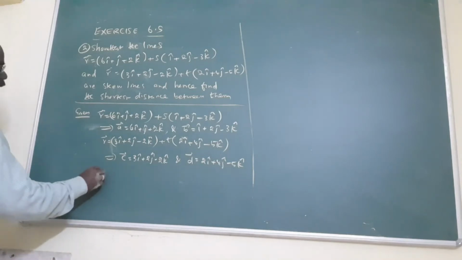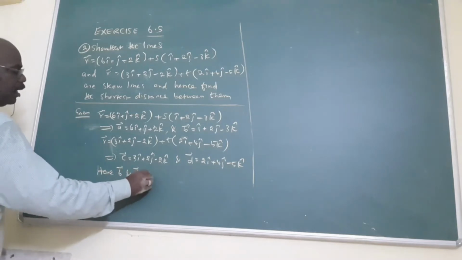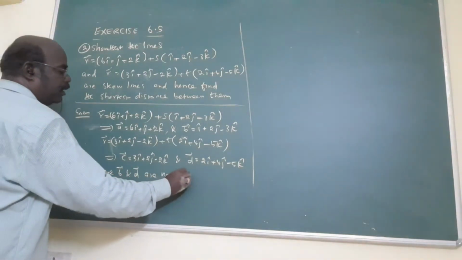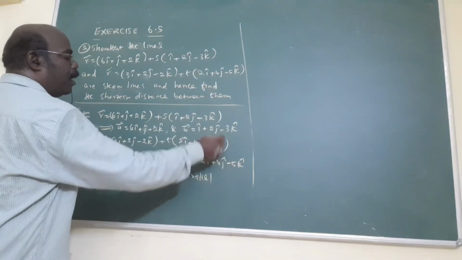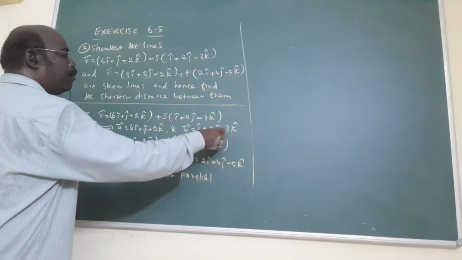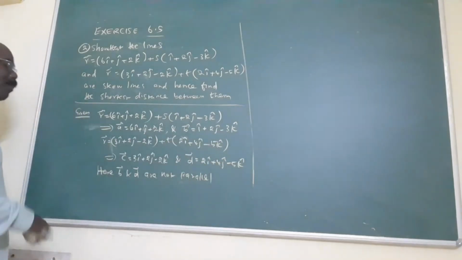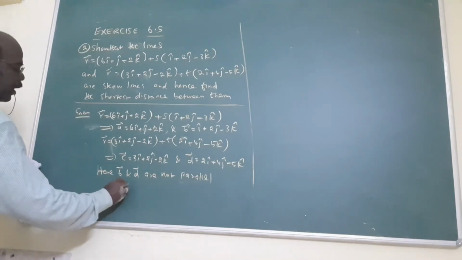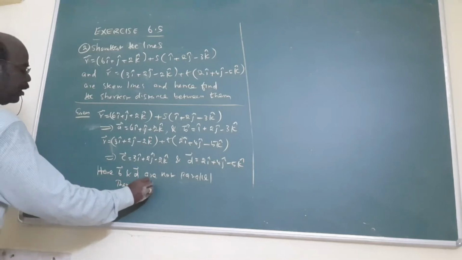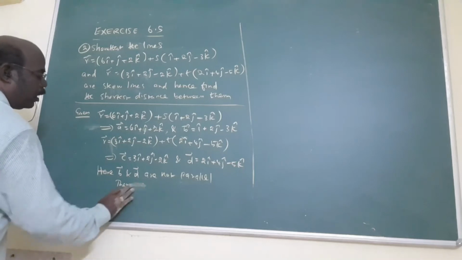Here, B and D are not parallel. Am I correct or not? What is the reason? If this vector is some scalar multiple of that vector, both are parallel. But it is not parallel. That means they do not intersect each other.